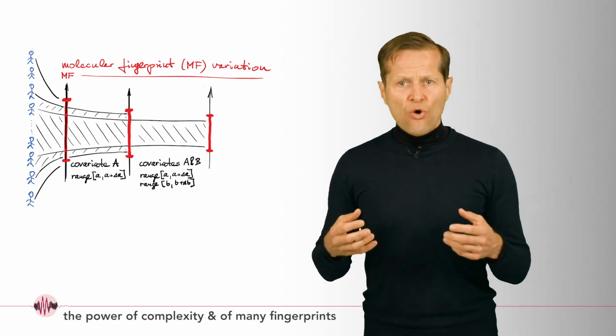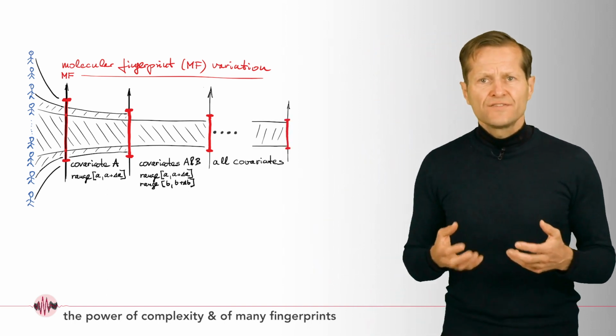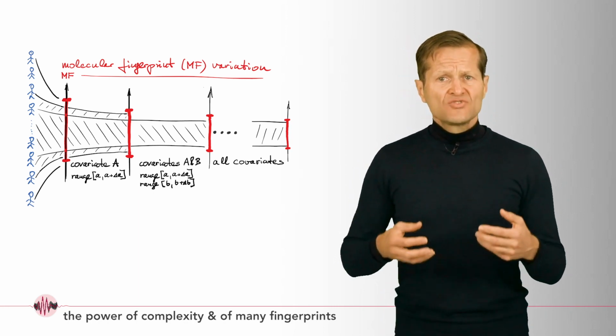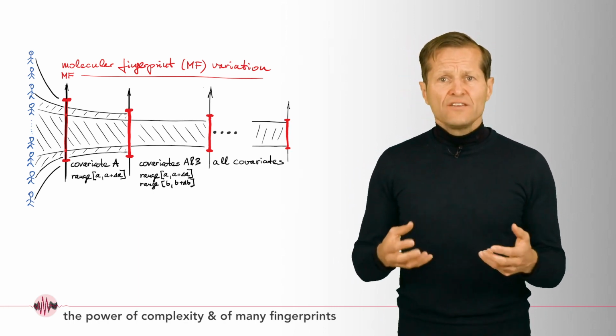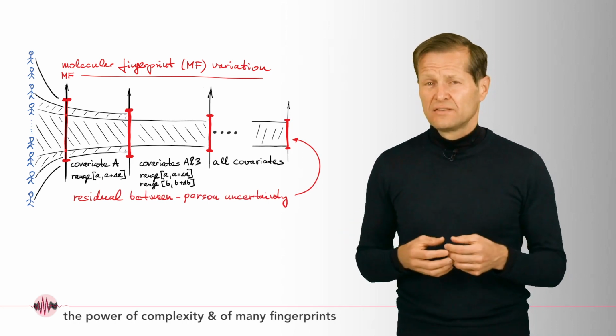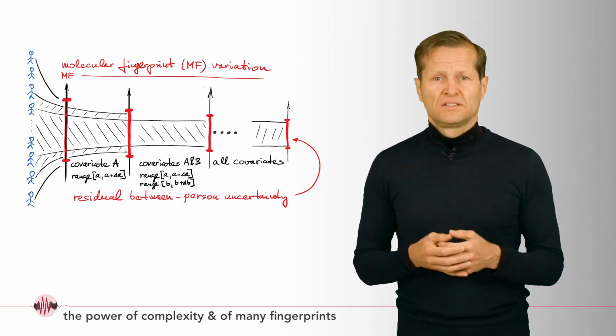The discovery of all covariates affecting the fingerprint in a systematic way would yield the ultimate residual baseline of any phenotype in a given population. But even beyond that, there is a way forward.